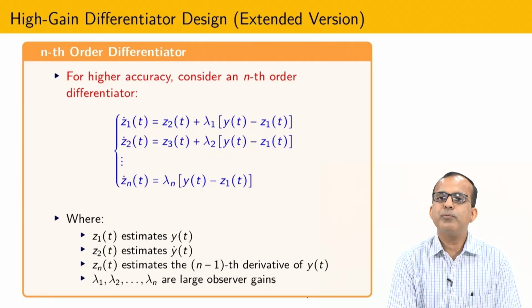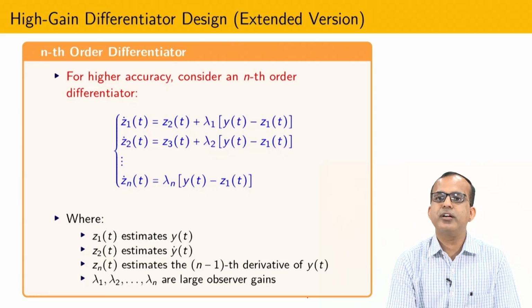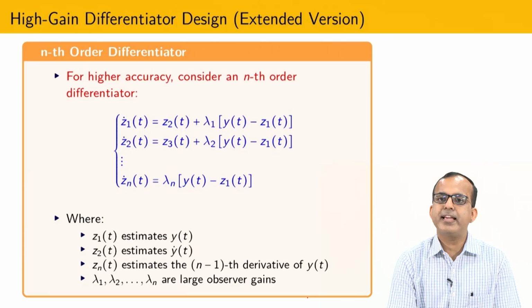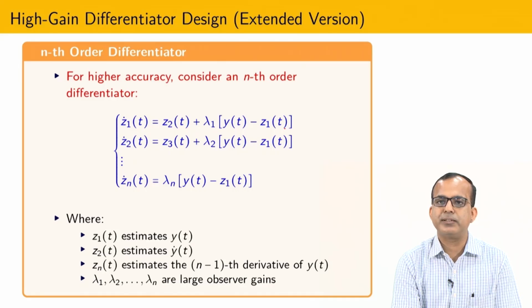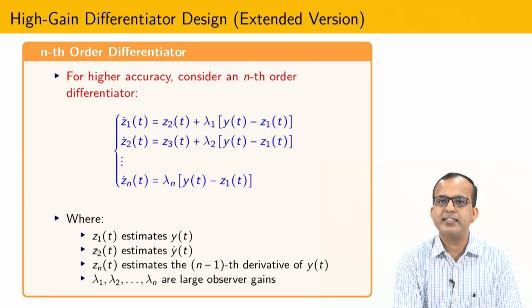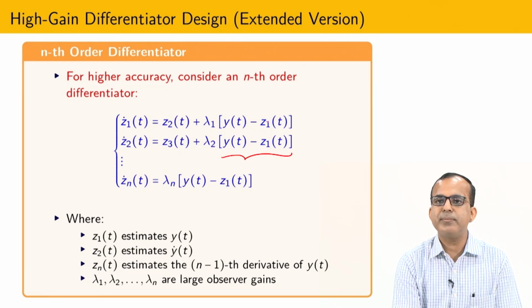You can also generate the higher order differentiator by cascading this structure. So you can see here that z1 dot equal to z2 and lambda (y minus z1(t)), and whenever you are cascading a second one, then you can use the same kind of information.